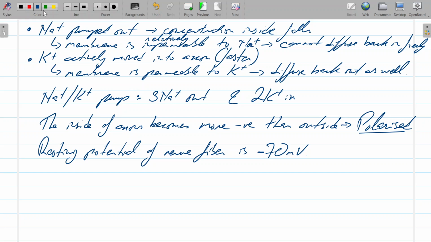And so next we come to the action potential.